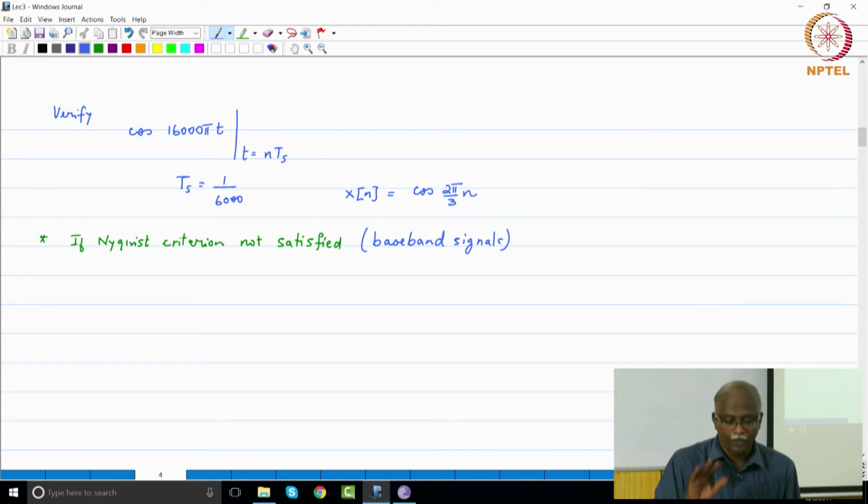So, what we are talking about is in the context of baseband signals. If the Nyquist rate is not satisfied for baseband signals, not band pass, then there will be aliasing.